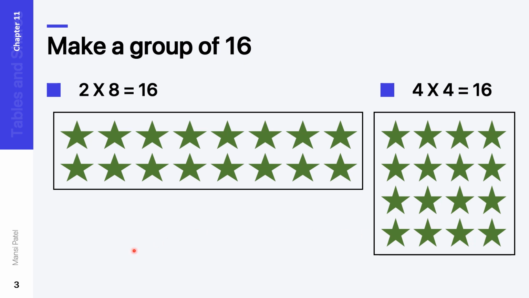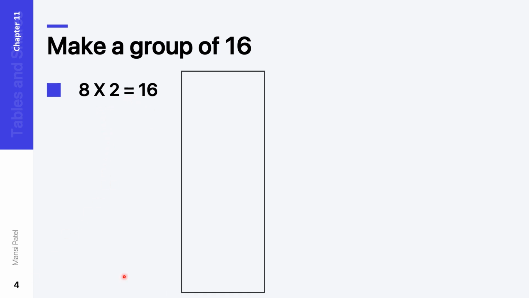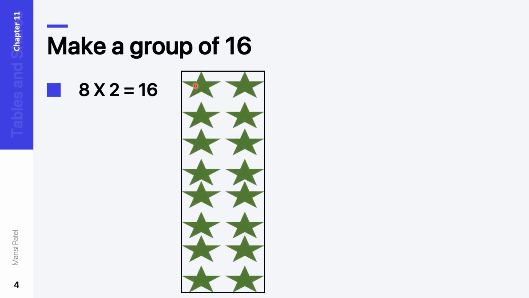Now do you know any other one? Yes, we can say that 8 twos are 16. So what you want to do? In this you have to make 2 rows, and in the 2 rows how many columns are there? 8 columns are there.